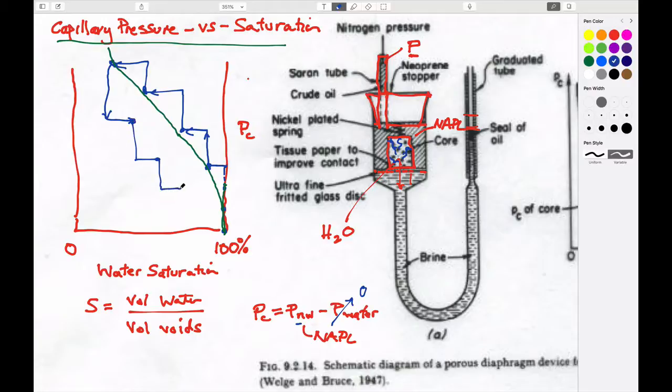We drop the pressure, it goes to a new point. We drop the pressure, it goes to a new point. And so if I just join these up, I won't join it up here, but I'll go from this point downwards through these joined points. And it's a horrible diagram.